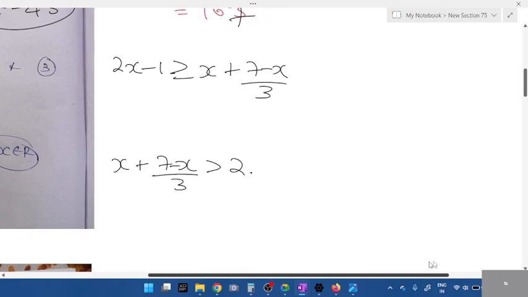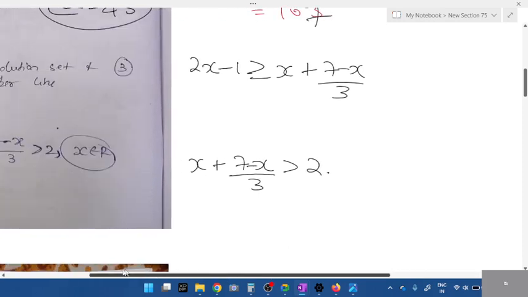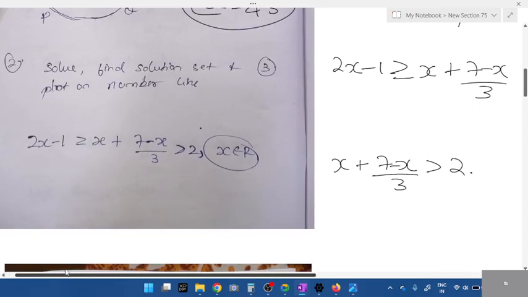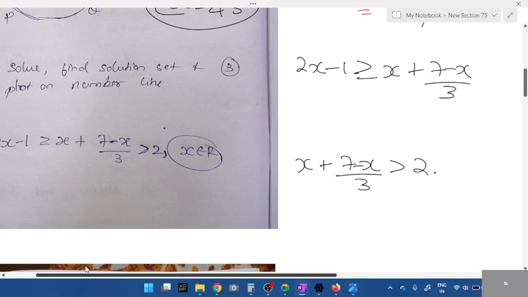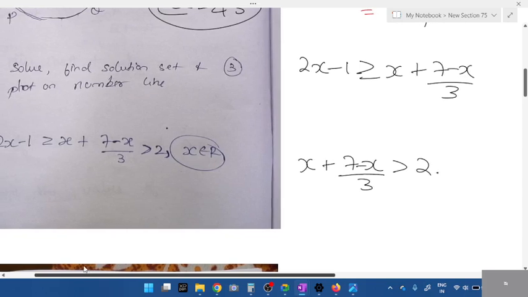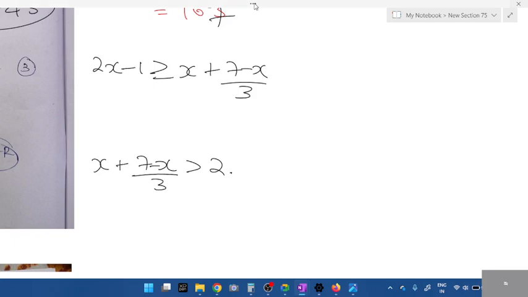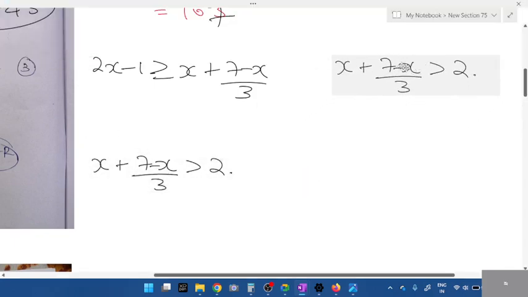Second question. Okay, see, x doesn't have a denominator. If you want, you take the LCM here, or you can shift it. Okay, so I'll take the LCM here.